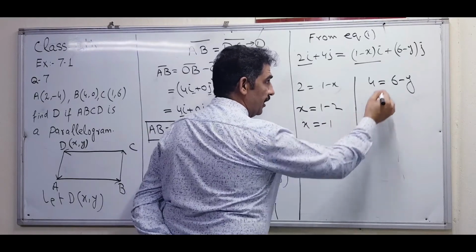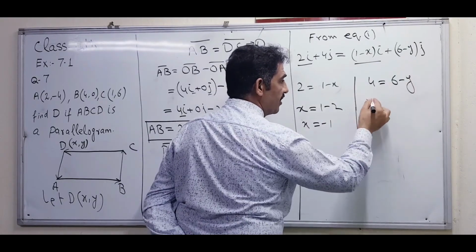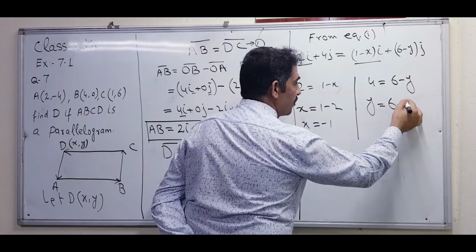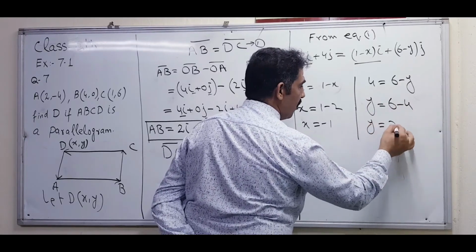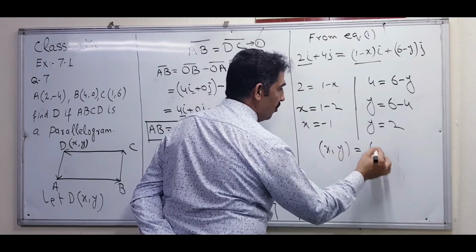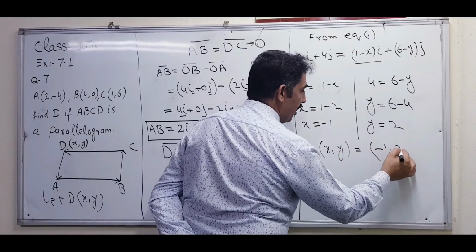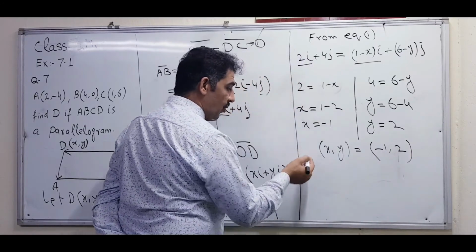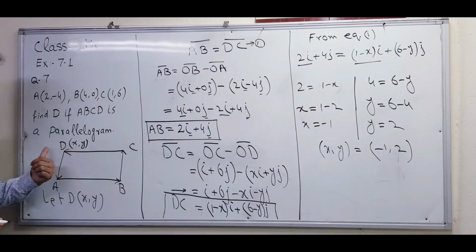Here also the same procedure, y shifting to this side, y is equal to 6 minus 4, so y is equal to 2. So x and y is minus 1 comma 2, and both are the values of x and y, the coordinate of D.